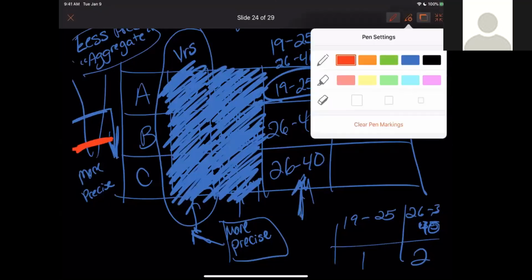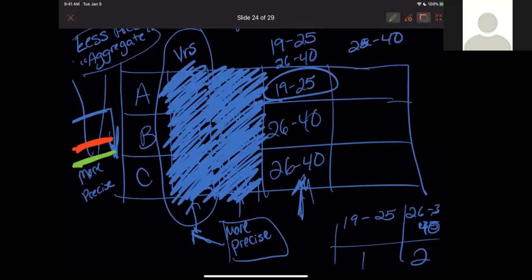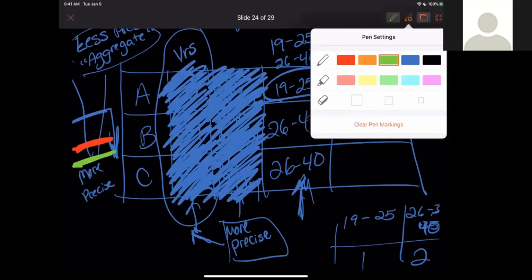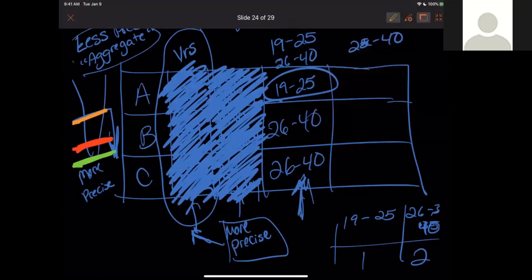Green is asking years and months and days. We know that that's too precise to be useful. Orange is asking which tier they're in, and it's somewhat precise but not totally aggregated.